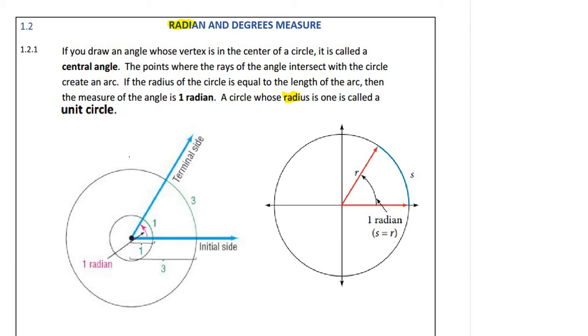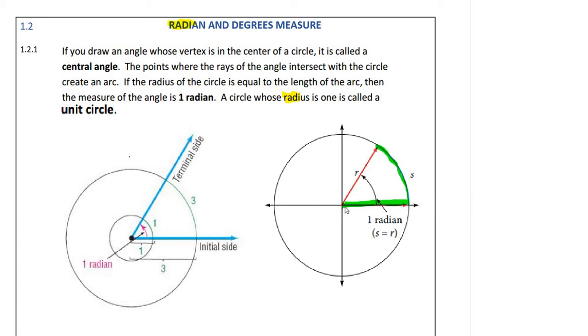Now, to understand the radian measurement, what they did was, they said, okay, let's take the radius of the circle. So there we have the radius of the circle. And then we take that length of that radius, and we walk on the circumference of the circle for that length.